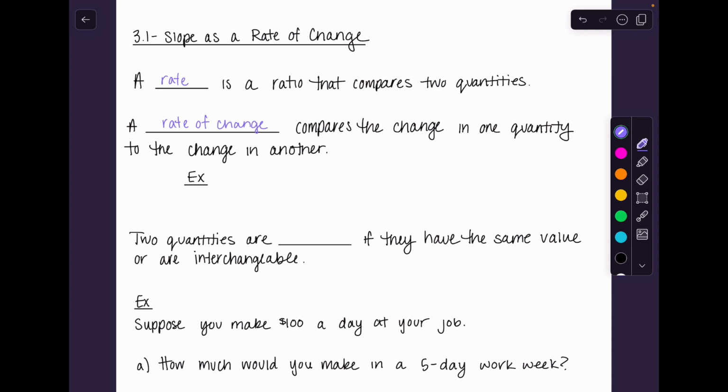But to give you an example of a rate of change you're used to, if you're doing 65 miles per hour on I-4, what that means is you're going 65 miles for every 1 hour of travel. So in the numerator, this is the change in our distance compared to the change in our time.